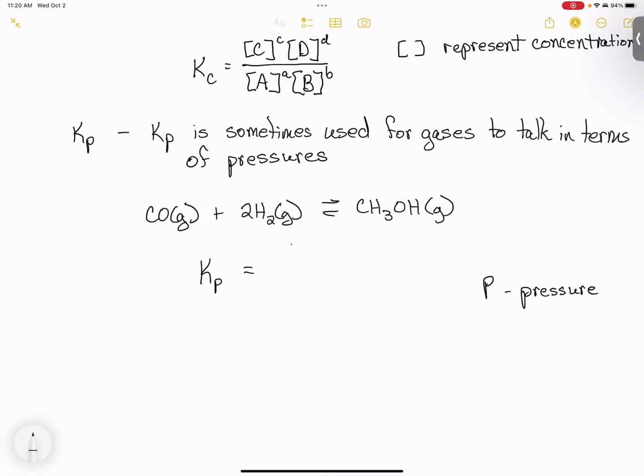So it would be the P of CH3OH over the P of CO times the P of H2 squared.